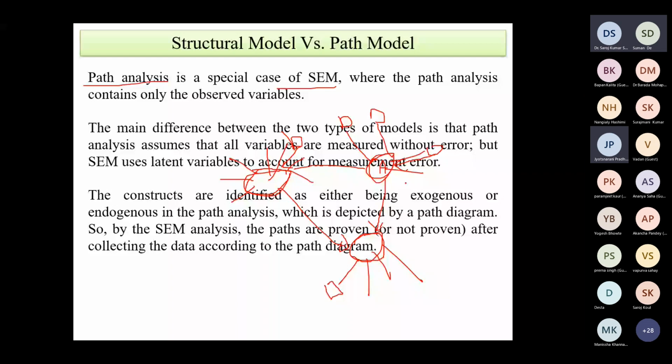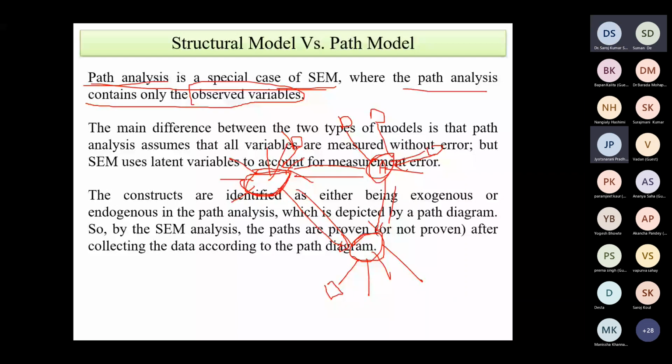That means only this path will be made. So rightly it is said path analysis is a special case of SEM, where path analysis contains only the observed values. It is no more a latent variable now.